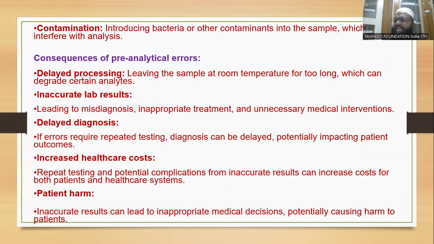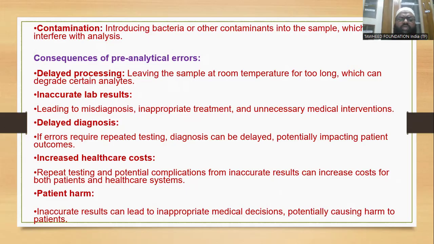Consequences of pre-analytical errors: delayed processing, leaving the sample at room temperature for too long, which can degrade certain analytes. Inaccurate lab results, leading to misdiagnosis, inappropriate treatment, and unnecessary medical interventions provided by the physician. Here, 70% of decisions by physicians are made from lab results.